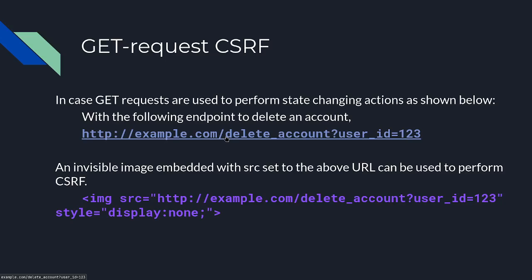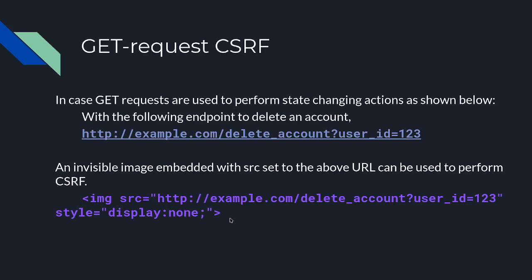So now, what an attacker could intend to do is initiate a forced request to this particular endpoint. Now, that would be through a GET request. All they need is somebody to initiate this request. That can be done by setting the source of an image in any website to this particular URL, so that this image can be embedded in any website.